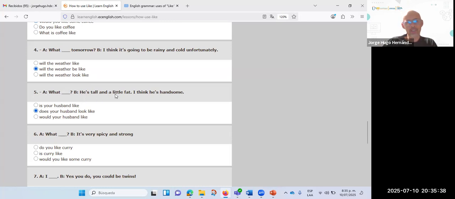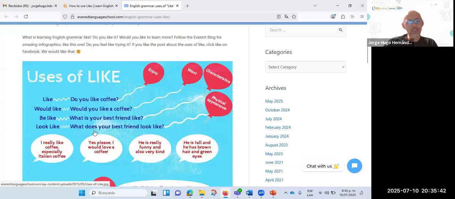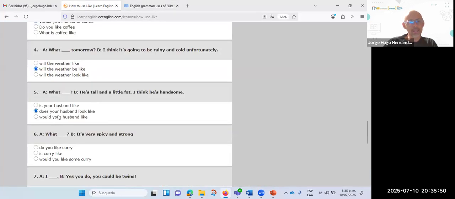Look at the clue, the key. When we are talking about physical appearance, we have to use look like. So, what does your husband look like? And the answer, he's tall, a little fat. I think he's handsome. That's right.